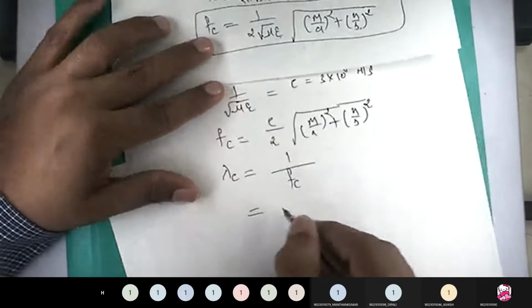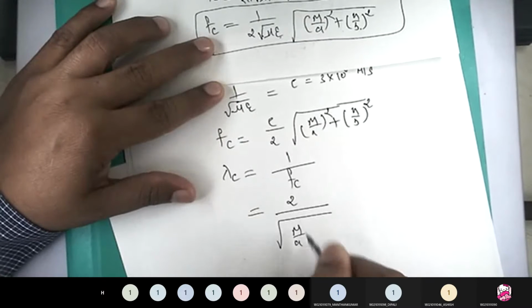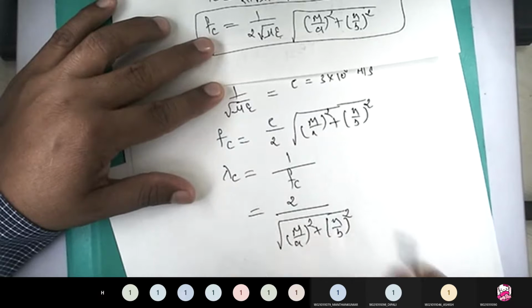So lambda c becomes 2 over square root of (m by a) whole square plus (n by b) whole square.